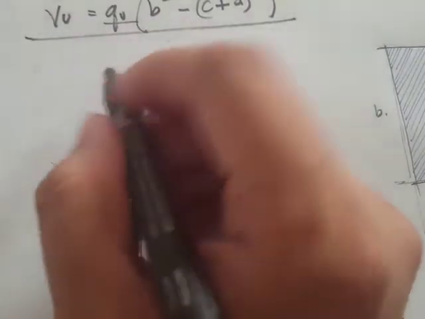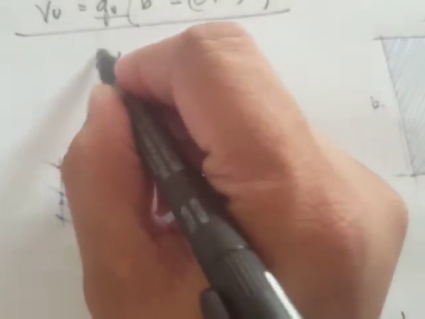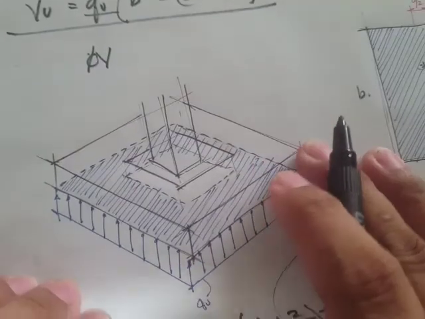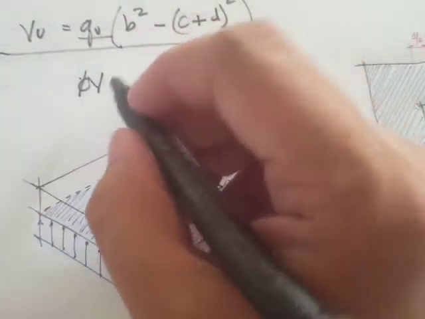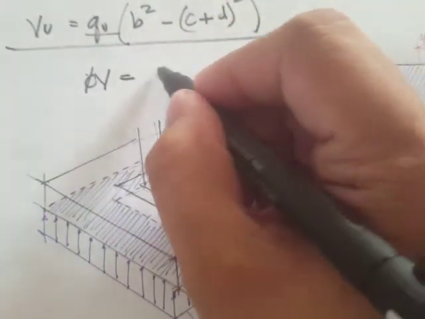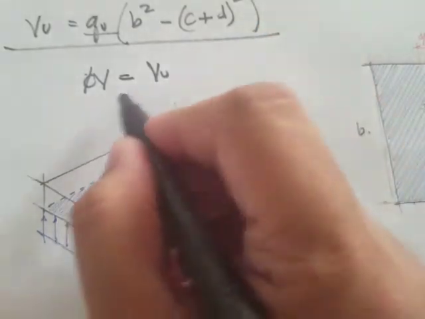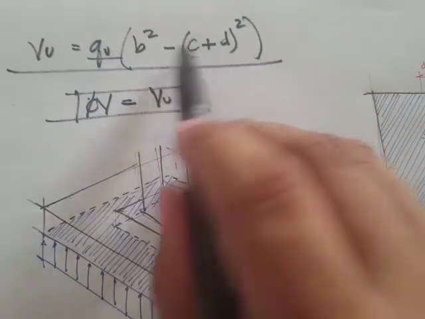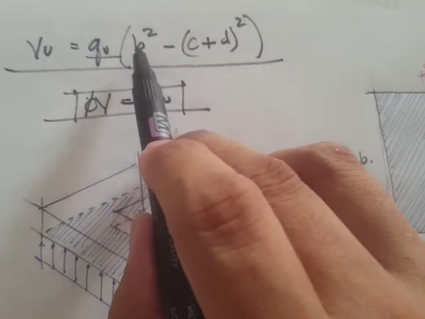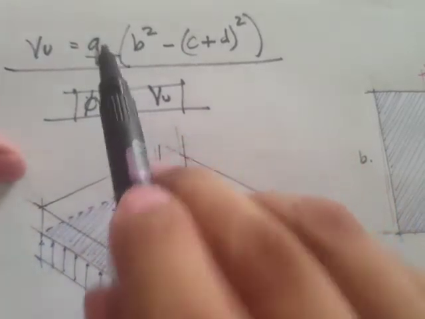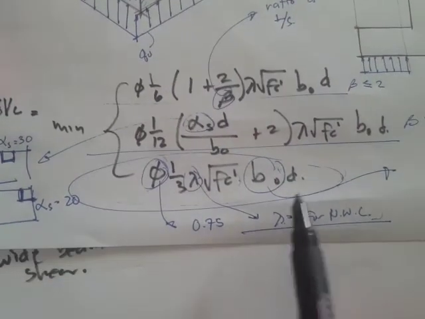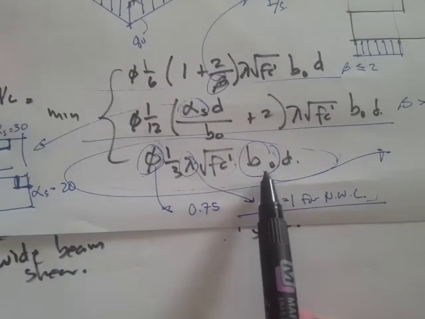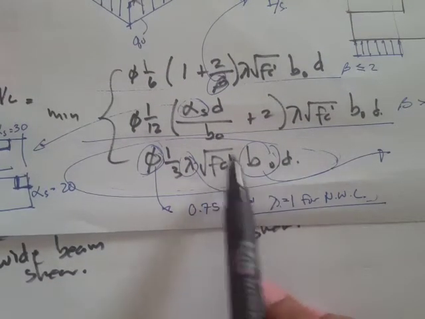Now to solve for D, you have to equate again the factored shear capacity to the factored loads, and again you just have to check the units. If this is in millimeters, then this one should be in megapascals, and also the left hand side. So this one should be in millimeters and this one in megapascals.